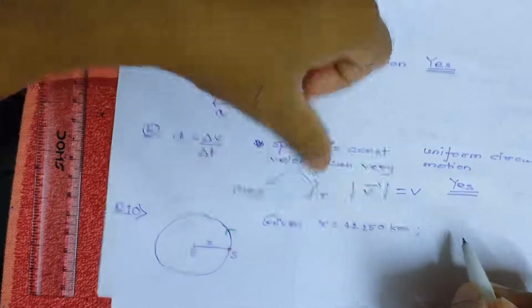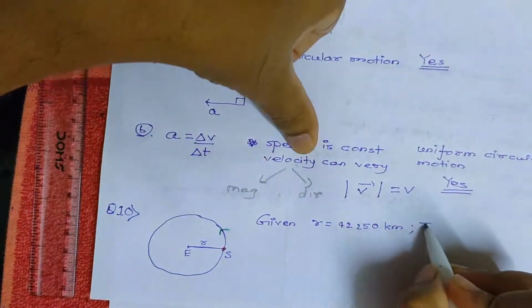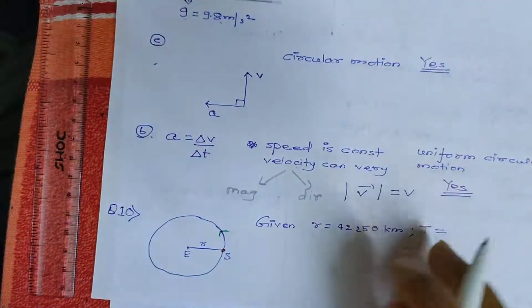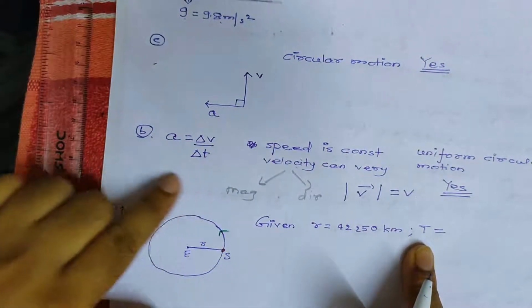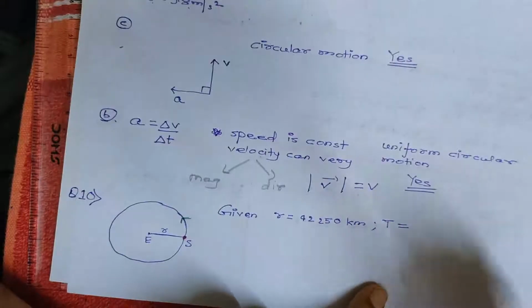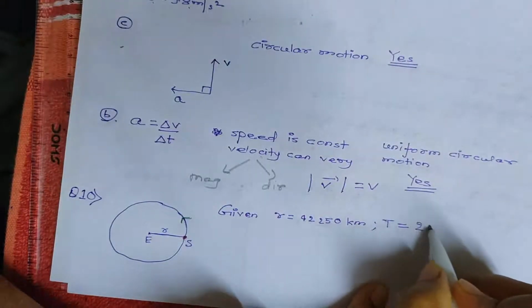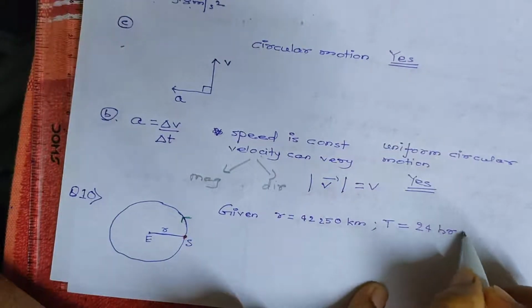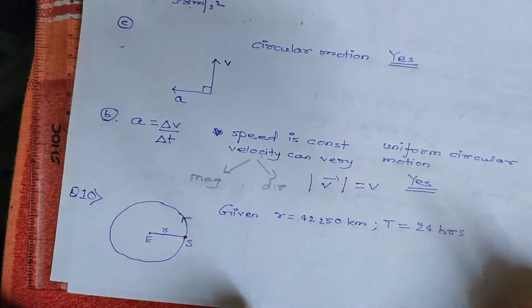We do have time, denoted by capital T. Capital T means the time taken in revolving, in completion of one round. That is 24 hours. So what are we required to find out? We are required to find out speed simply.